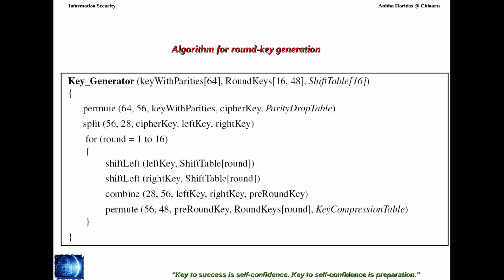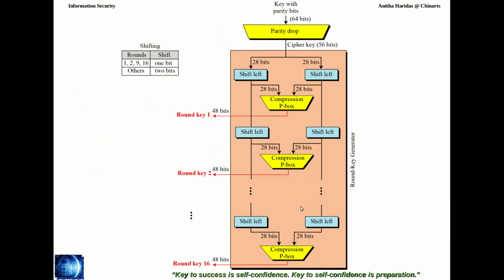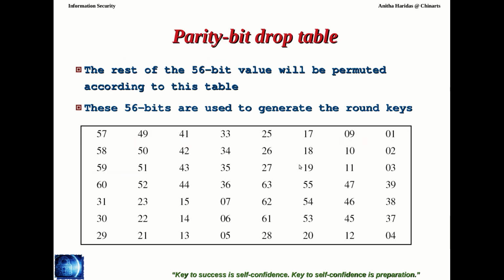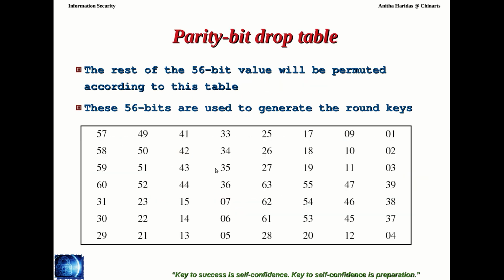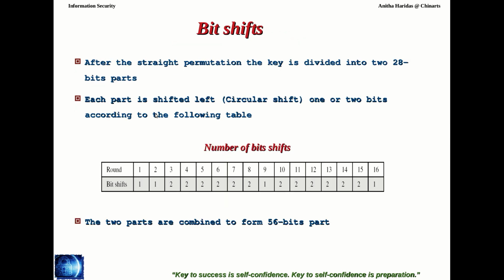And this slide shows the algorithm for the round key generation, right? If you want, you can go through the diagram again. The parity dropper uses a parity bit drop table, using which the 64 bits will be converted into 56 bits.